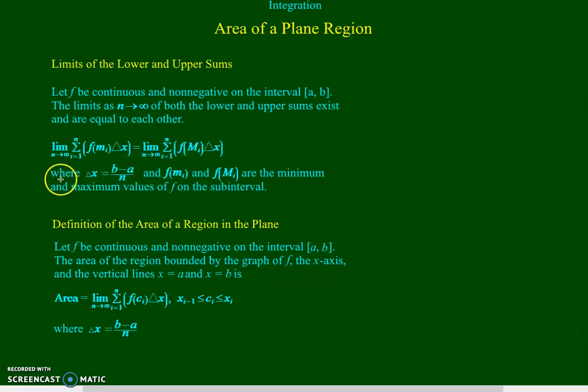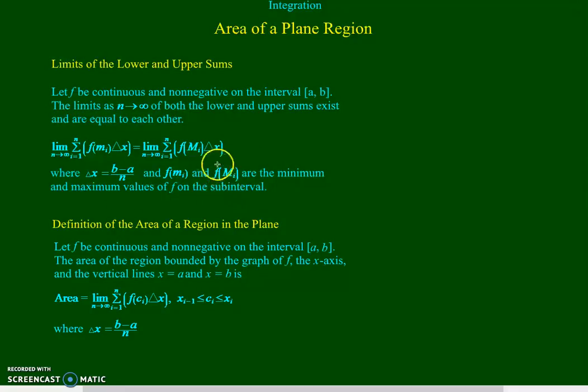And the assumption is that delta x is your upper limit minus your lower limit divided by the number of subintervals. f of little m sub i and f of big M sub i are the minimum and maximum values on that subinterval.